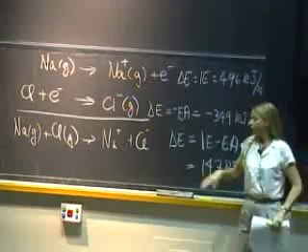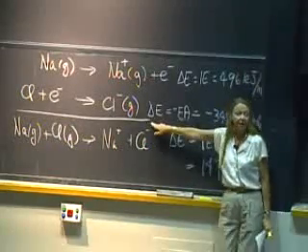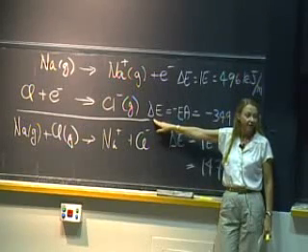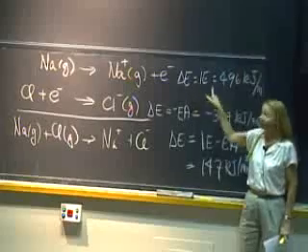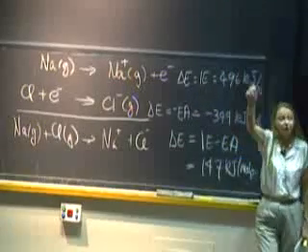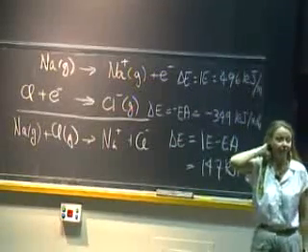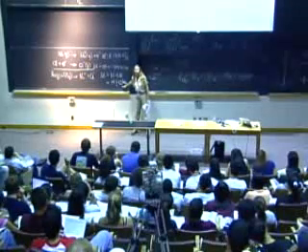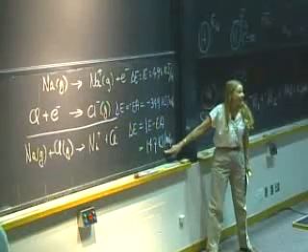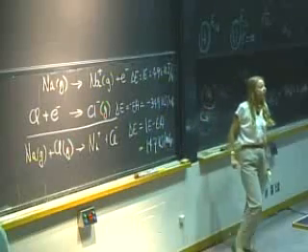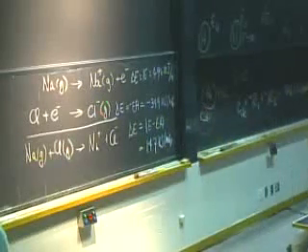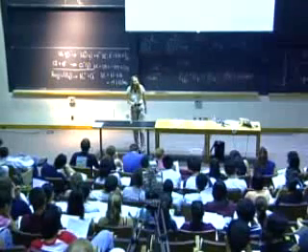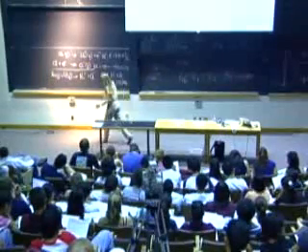Okay? So although we get some energy back when that electron attaches to the chlorine, we don't get enough energy back to compensate for having to pull the electron off of the sodium. So right now, this still looks like an overall endothermic reaction. We got to put 147 kilojoules into the system to make it go. So it's beginning to seem a little peculiar. How does this work?